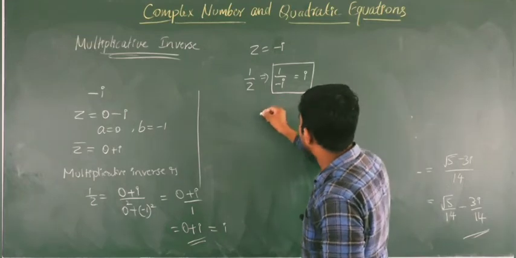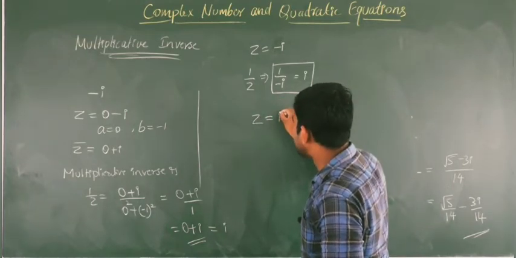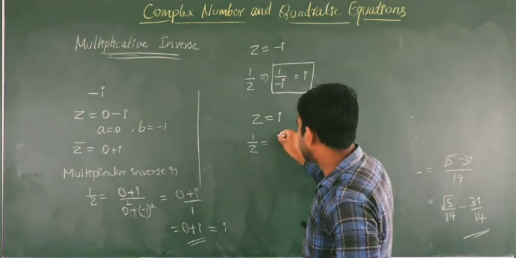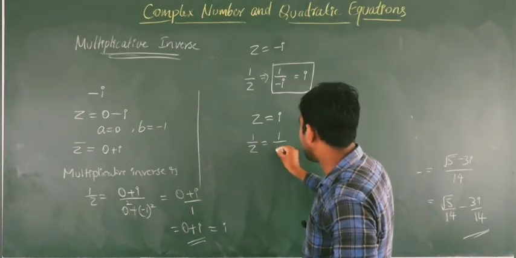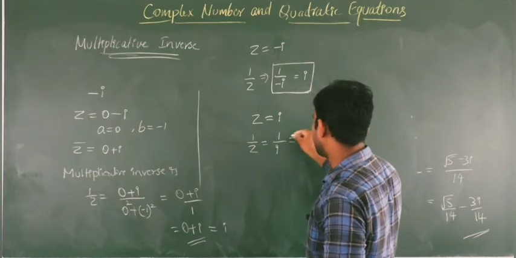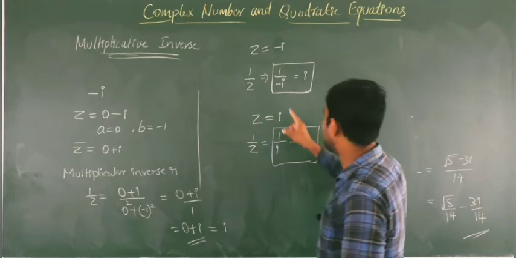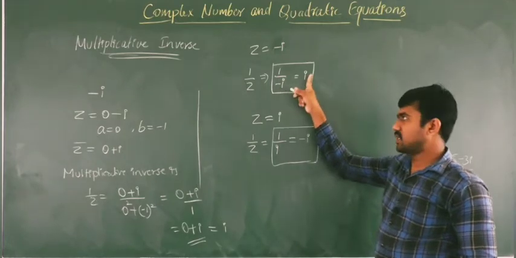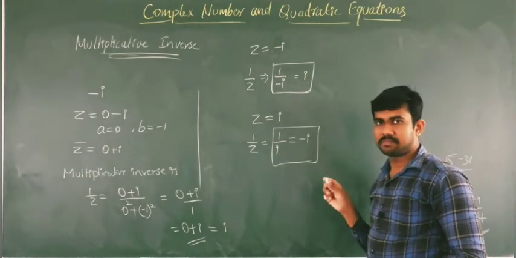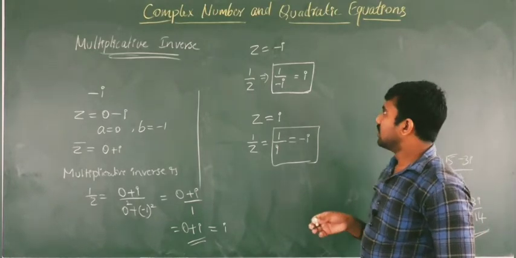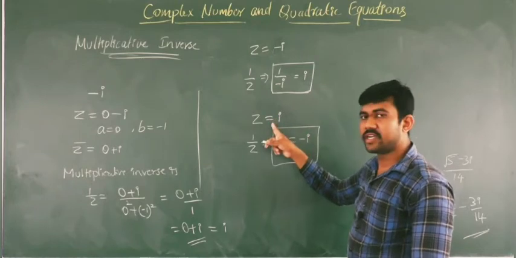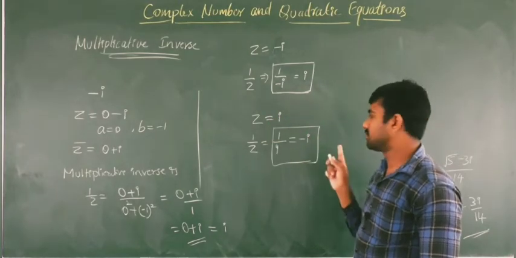Similarly, if they give z is equal to plus i, then 1 by z is equal to 1 by i, and its value we will get is minus i. Just see here, 1 by minus i is plus i, 1 by i is equal to minus i. Means the multiplicative inverse of minus i is plus i, and the multiplicative inverse of plus i is minus i.